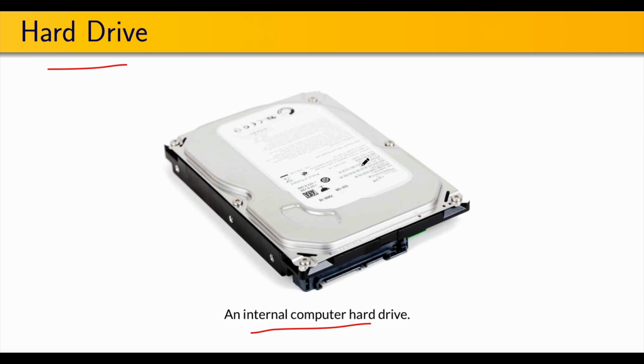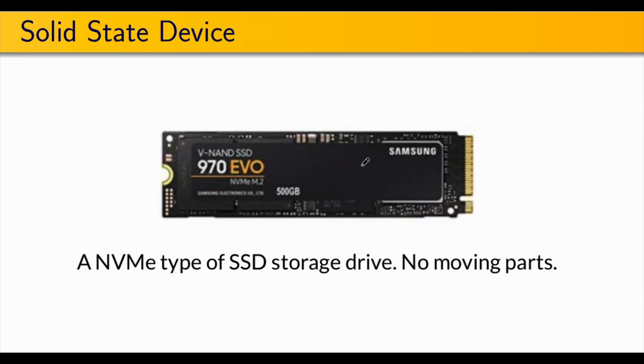Nowadays we don't use this kind of hard drive. What we use is this kind of SSD hard drive, solid state device. Here you have a typical SSD hard drive, an NVMe type hard drive, which has no moving parts.